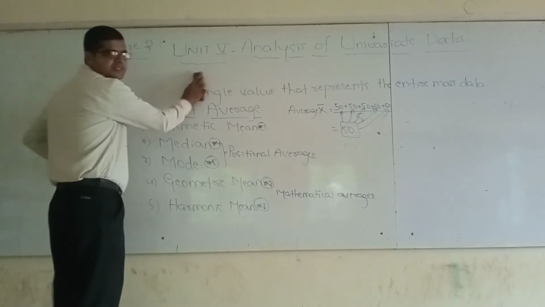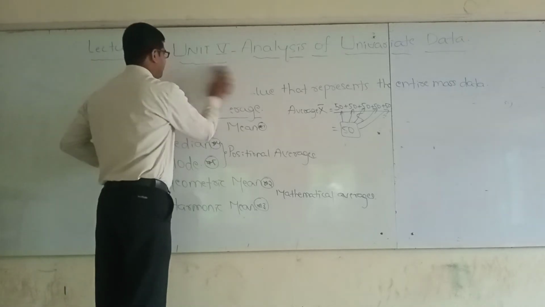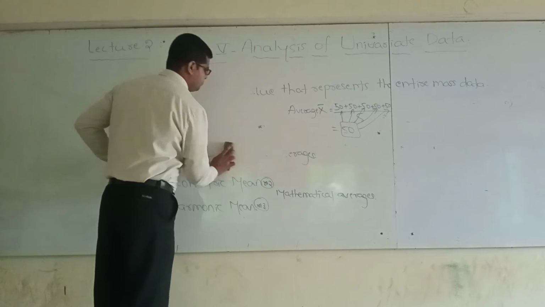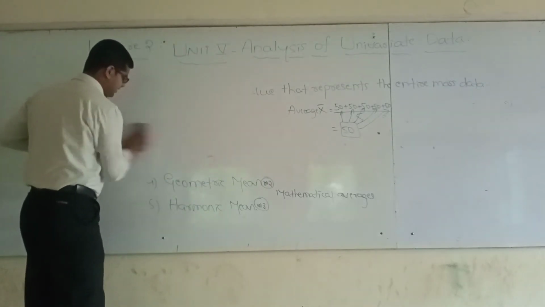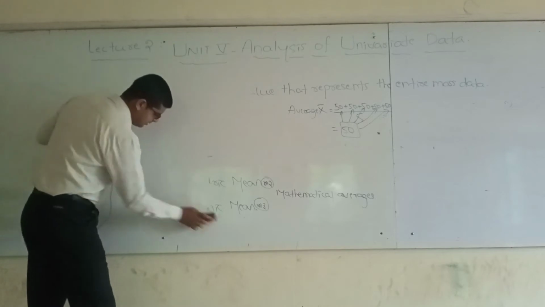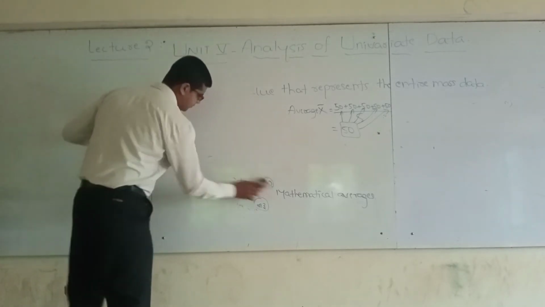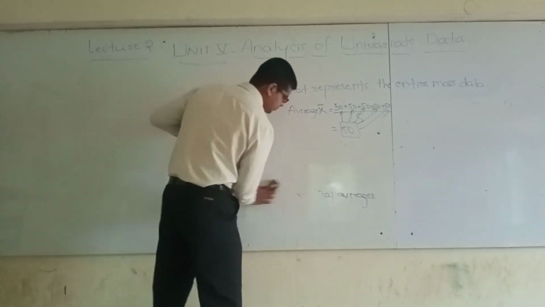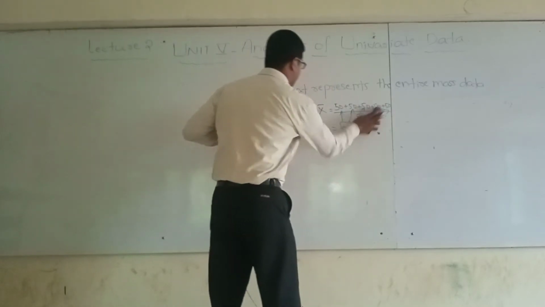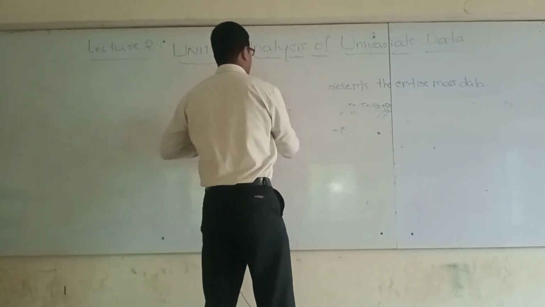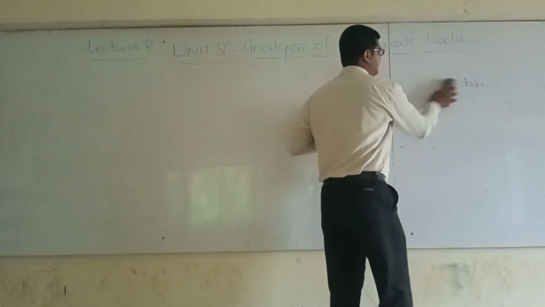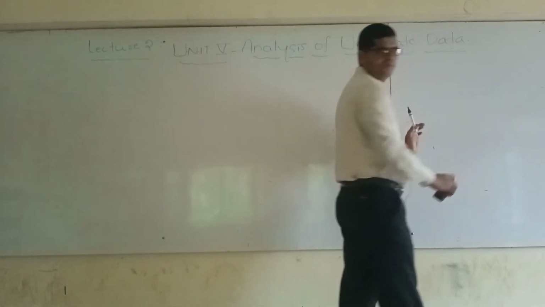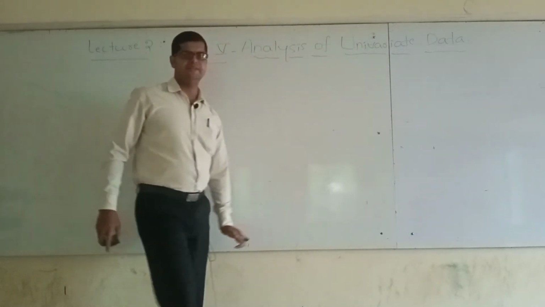So I take first the arithmetic mean, then we go for the rest of the types. Today we discuss the arithmetic mean first, work out the problems on it, and then discuss the remaining types.